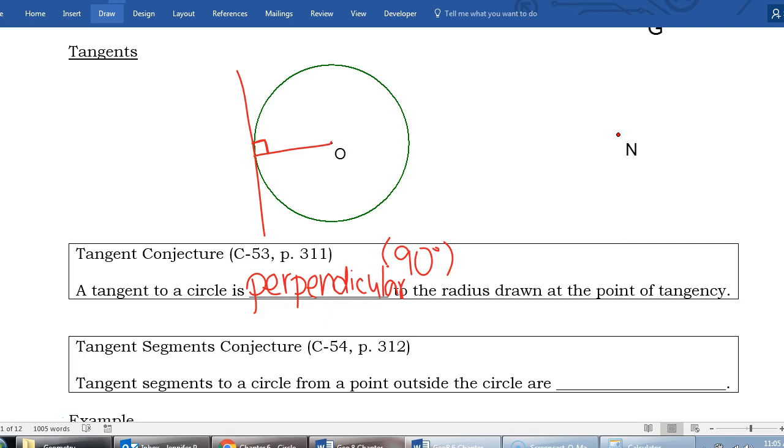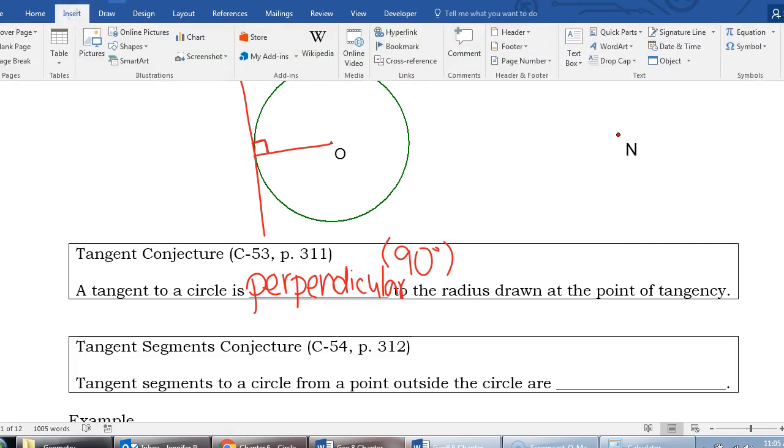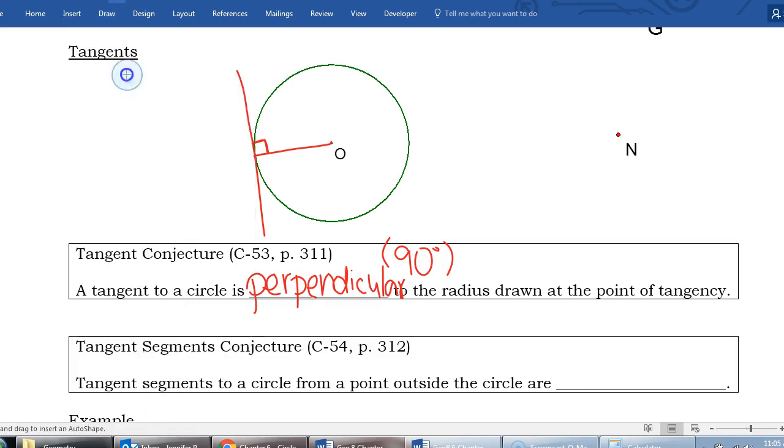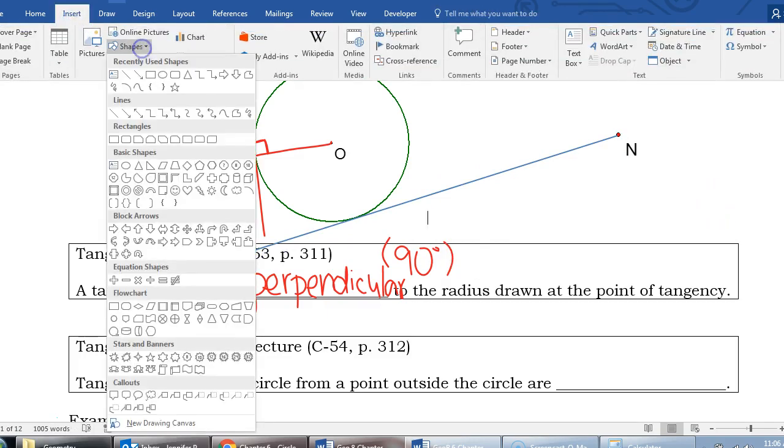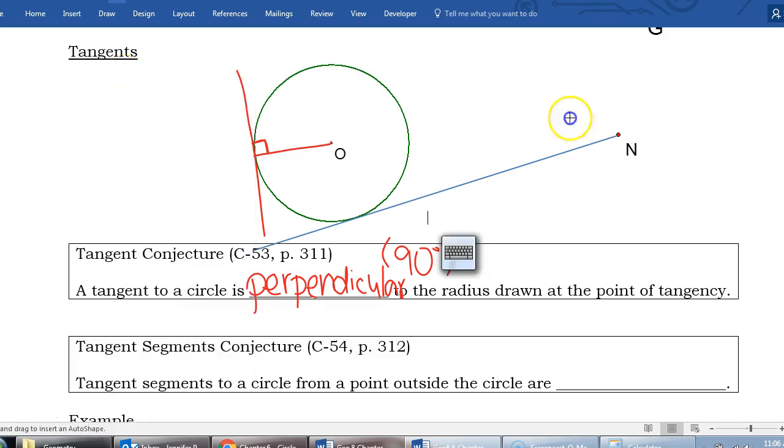The next one says tangent segments to a circle from a point outside the circle are blank. So I'm going to draw tangent lines that go from the point to the circle. Starting at my point, my tangent would fall there. And I'm going to do a second line starting at my point and doing my tangent above the circle.